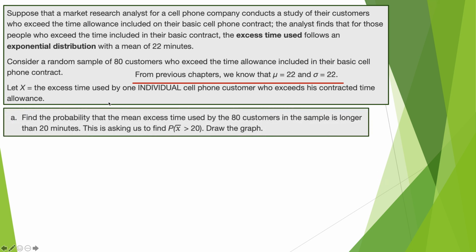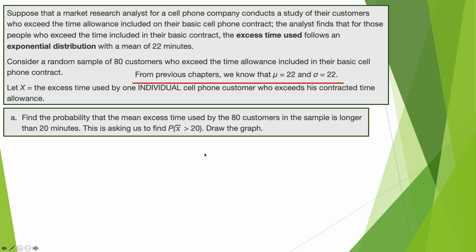Find the probability that the mean, as soon as you see that word mean, I'm going to use my central limit theorem formula, excess time used by the 80 customers in the sample is longer than 20 minutes.